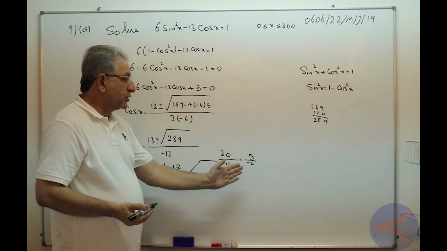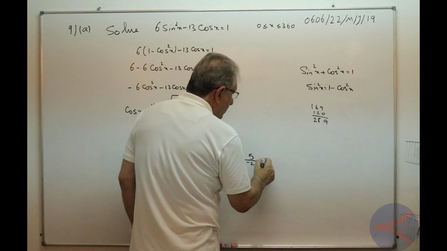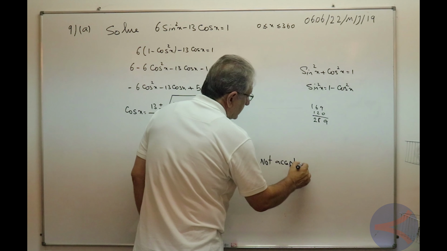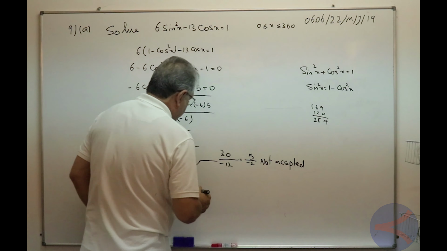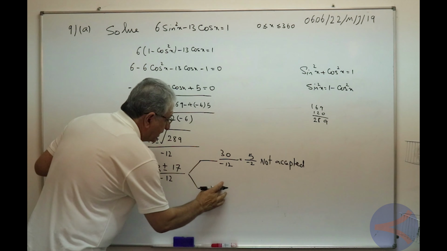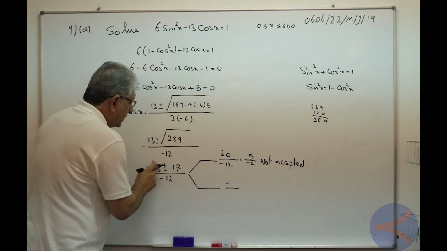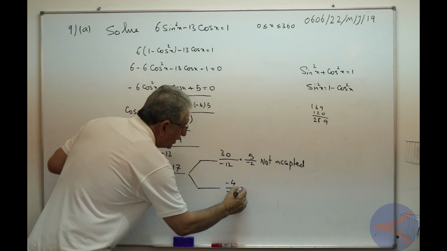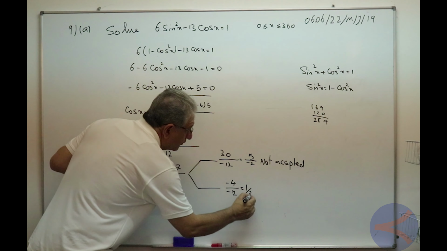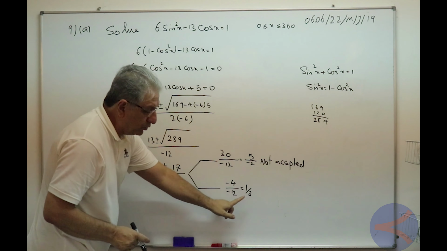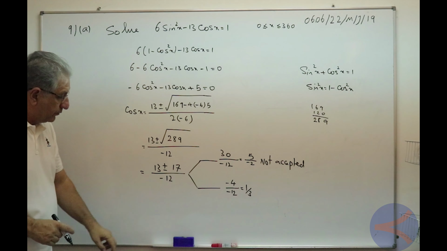Cos x cannot be more than 1, therefore this is rejected. Now subtracting, you are going to get negative 4 divided by negative 12, which is 1 over 3. But this is accepted. Cos x can be equal to 1 over 3.